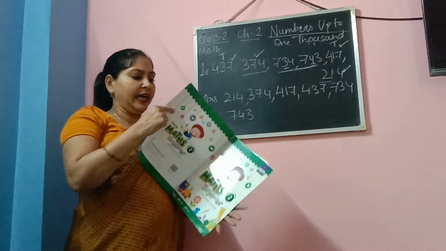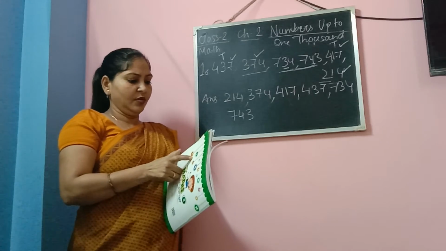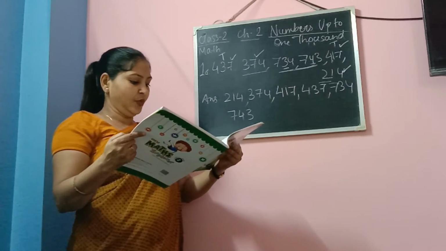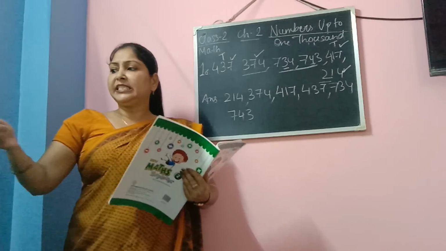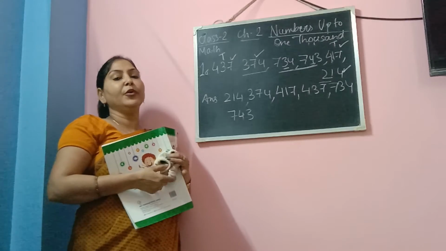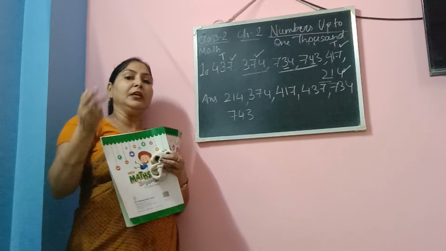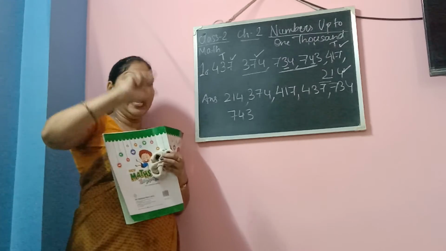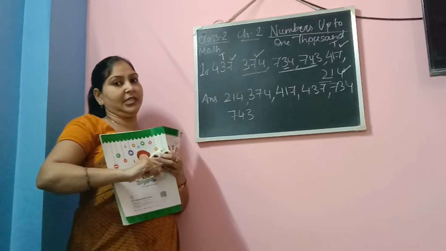Now I think you have descending order also. The next page is given. On page number 36 you have descending order also. The same process you will follow. But in descending order what you have to do? You have to write the biggest number first and then you will move on to the smallest number.